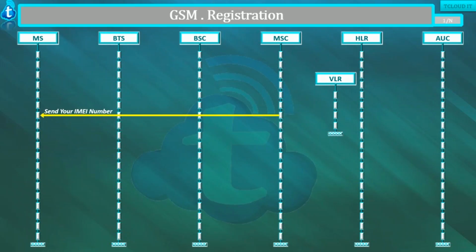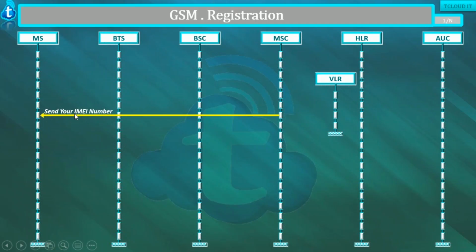But nobody will be able to understand that MSC is asking for this IMEI number, because the information MSC is sending to the mobile is sent in a secured manner. The data is encrypted at the BTS. Once it is sent, the mobile station understands that this MSC is asking for my IMEI number.